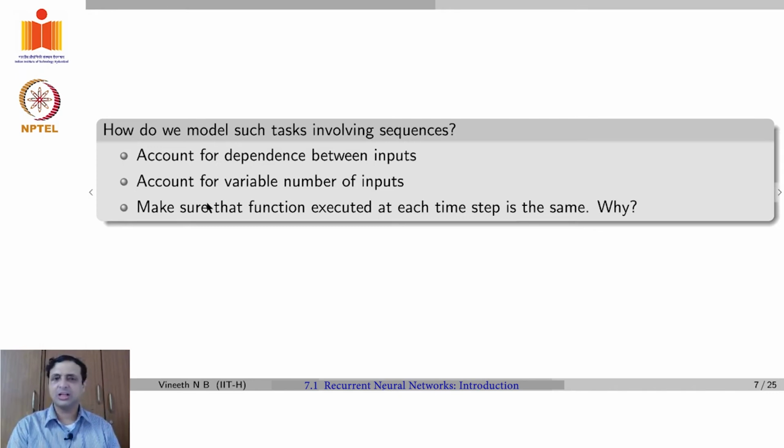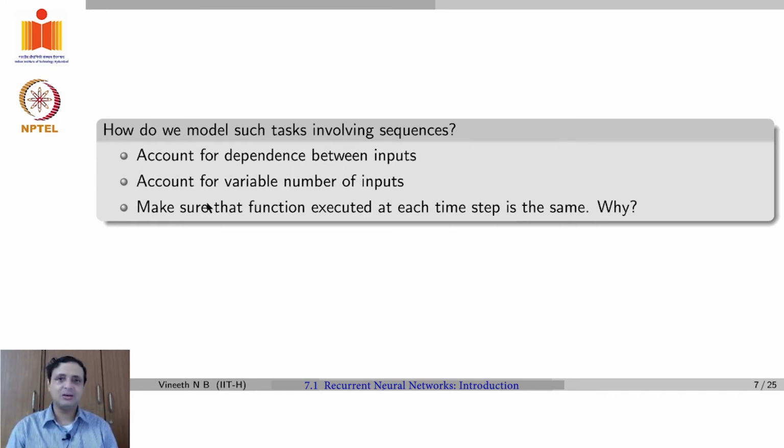A third consideration is how do you also ensure that the function executed at each time step is the same? Why do we need this? Irrespective of where a frame was in a video, you want to have the same logic to execute your prediction.